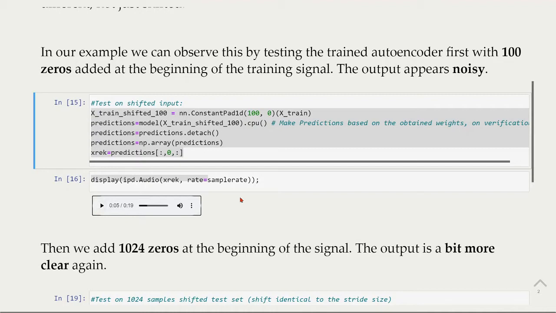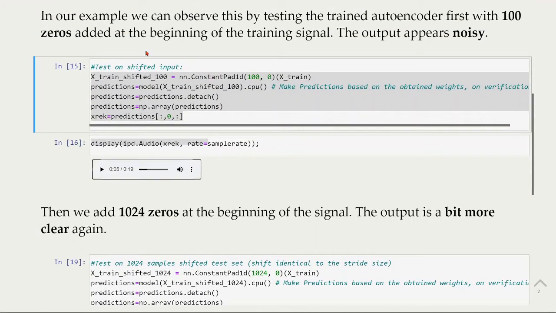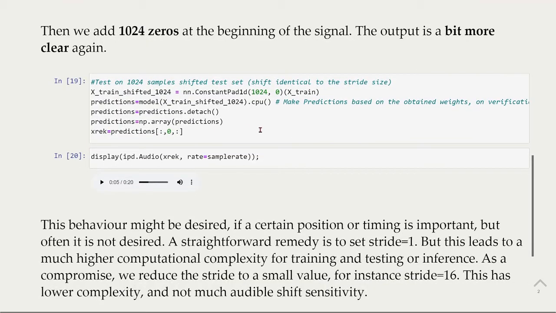So pay attention now that we are using the same X train. Both use the X train, but first we are shifting by 100, and here we are shifting by 1024. And when we use the 1024, which is the same number as the stride, we notice that the added noise is much less.